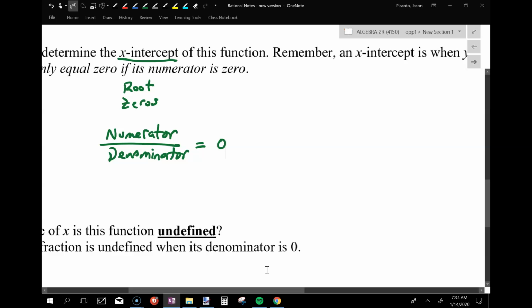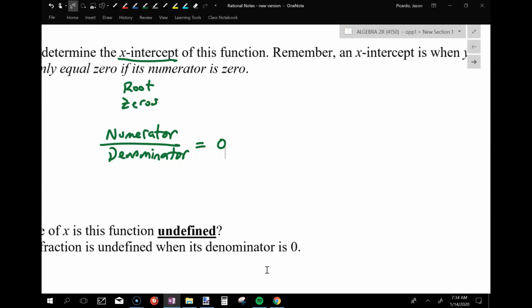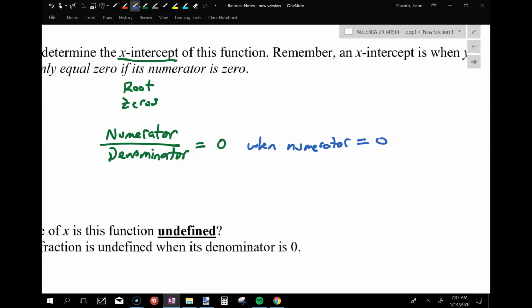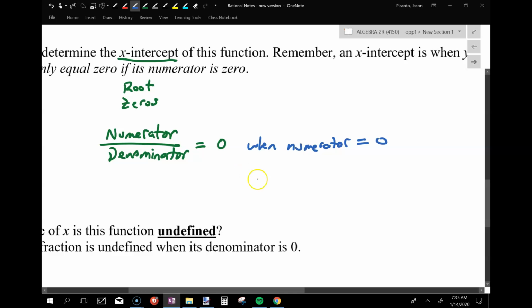There's only one way that can be true, and that's when the numerator equals 0. So, in this example, what is the numerator? x plus 6. Subtract the 6, and I get x equals negative 6.